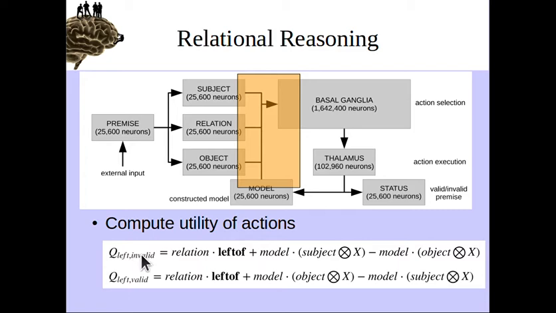That's when this function will have a larger value than this one. In this bottom one, I've just swapped the two. So because of this first term, these actions will have a high utility in the case where someone is telling me a statement that something is to the left of something else. And then given where I'm actually imagining these two objects to be, that's going to make one of these two things have a higher utility than the other.